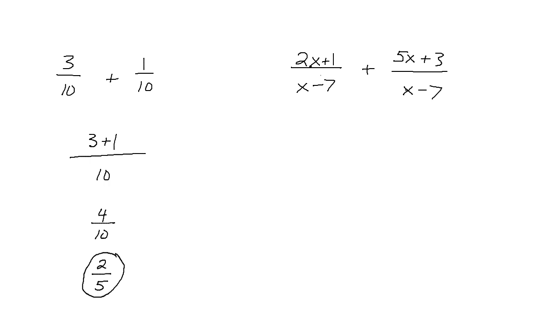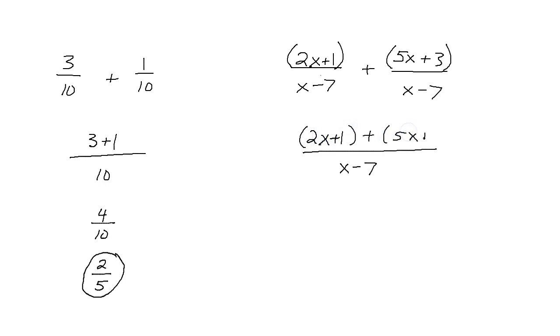So let's look at rational expressions here with variables in them. I have a common denominator, so I can go ahead and put down my common denominator, and then on the top I've got this quantity plus this quantity. So I've got 2x plus 1 plus 5x plus 3.